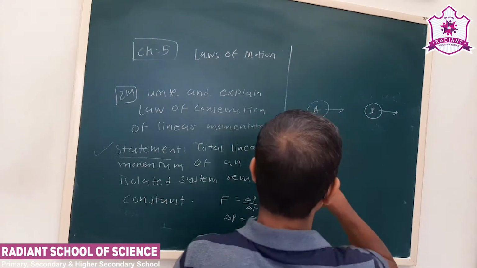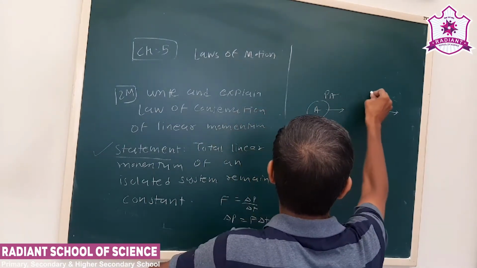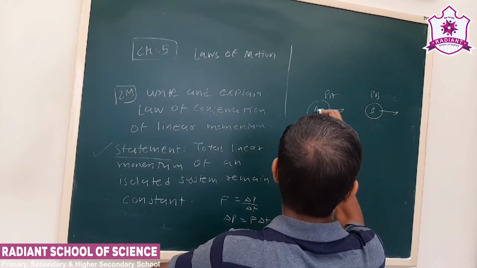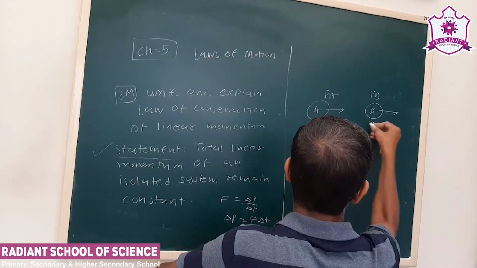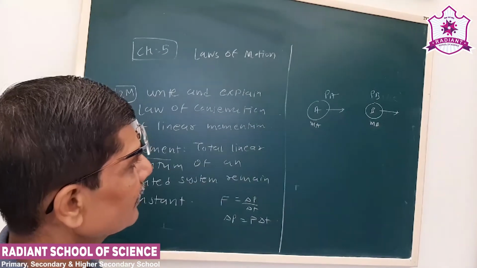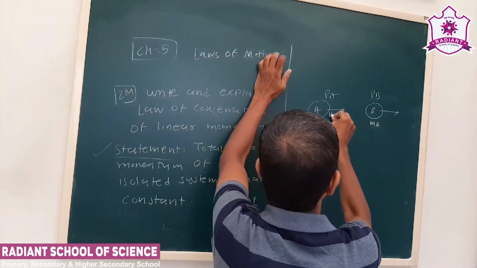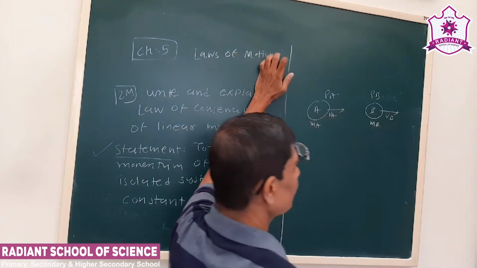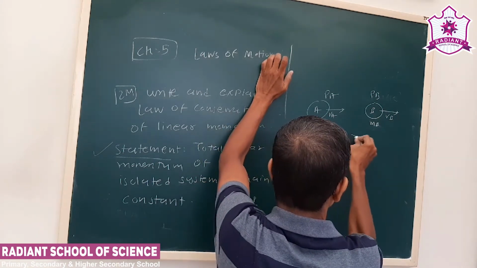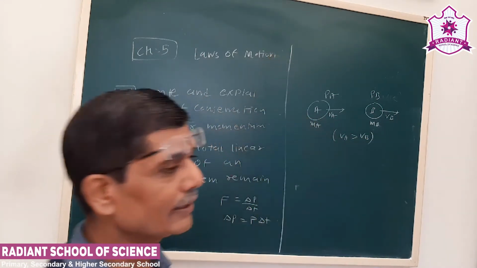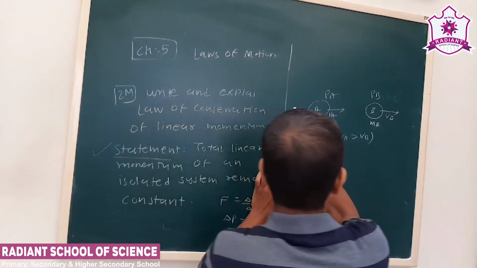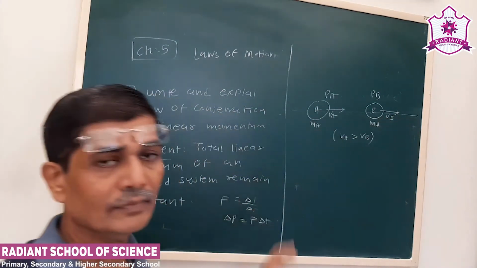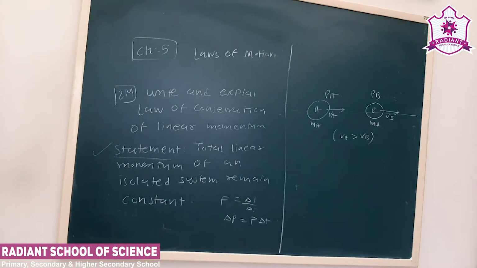Now see here, their masses are MA and MB, and the velocities are VA and VB. We assume that they move in the same direction.